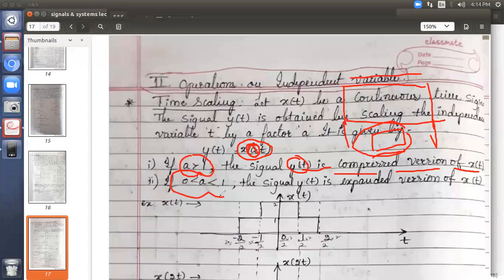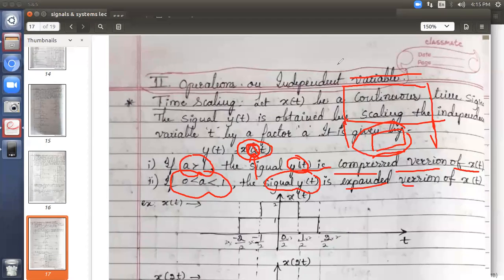Similarly, if the a value is between 0 and 1, that is say 0.5, that is 1 by 2, or 1 by 3, 1 by 4, any fraction value between 0 and 1, then the output you get is an expanded version. Compression and expansion are opposites.